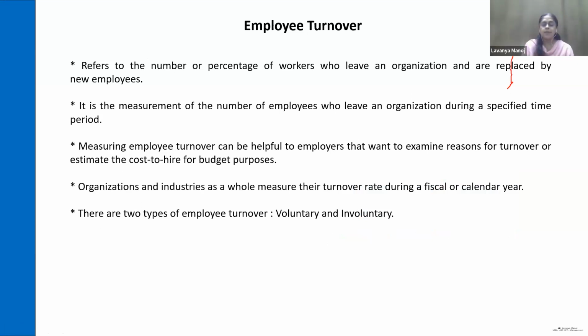The company may think these many people are not required right now because production is not happening that much, or we are not making more profit than previous years, or a group of workers don't have enough skill set even after being given training, or a group of individuals are demanding more wages, more salary, which is not acceptable to the organization's top management. So the reasons can be many.